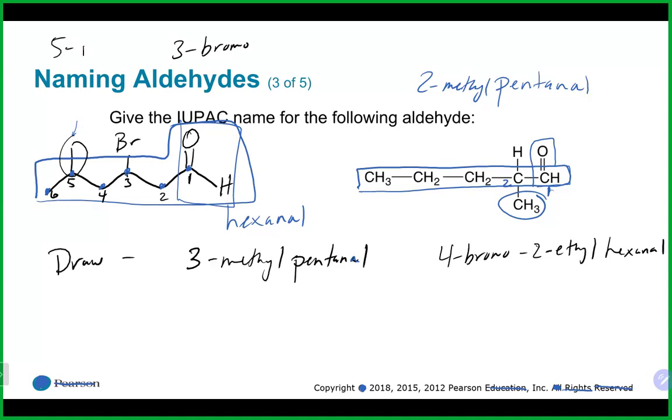So we got a 5-methyl. Just like before, we're going to go alphabetical on this. So bromo first. So this is going to be 3-bromo-5-methylhexanal. Any questions on those two names?